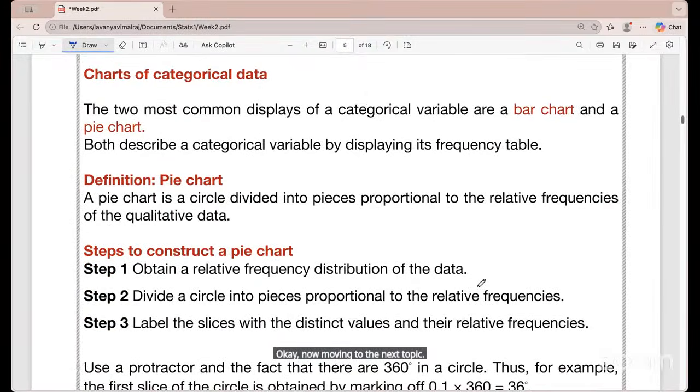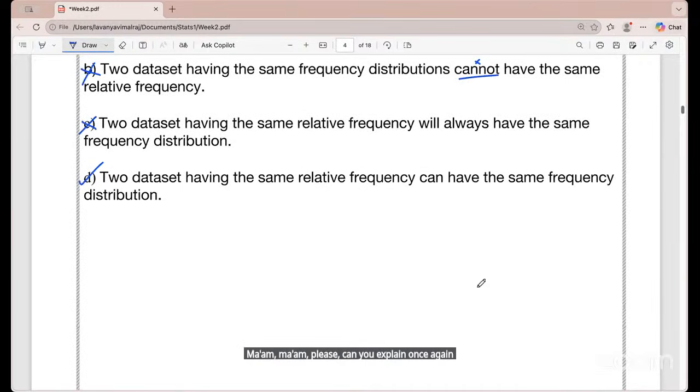Ma'am, please can you explain option D once again? Option D. See, for example, suppose your relative frequencies are the same. So in that case, there are two possibilities. Let us say you have some data set. I'll take a very small example.